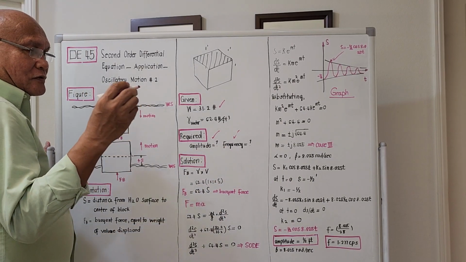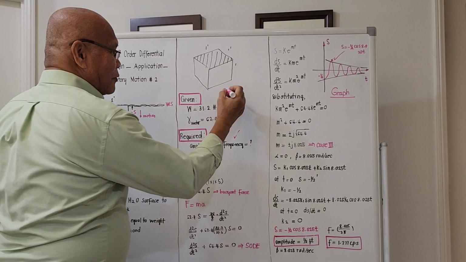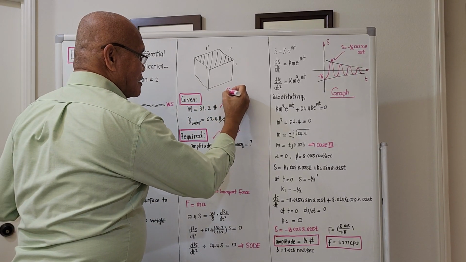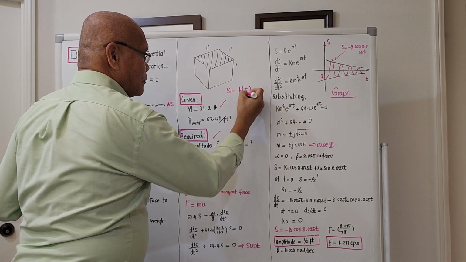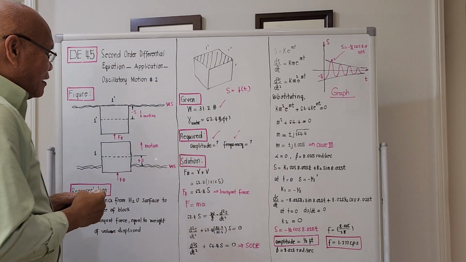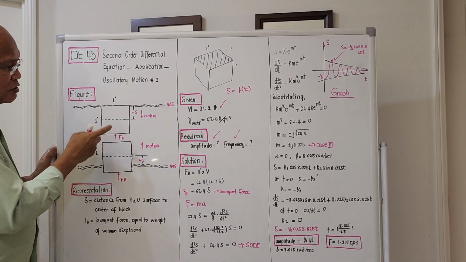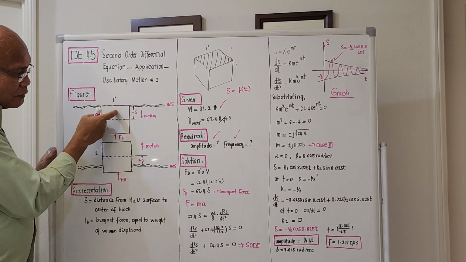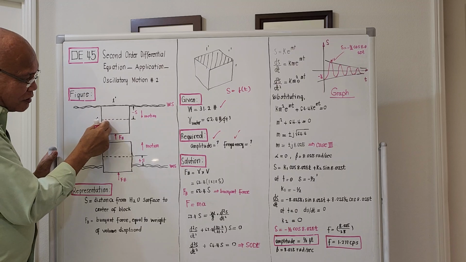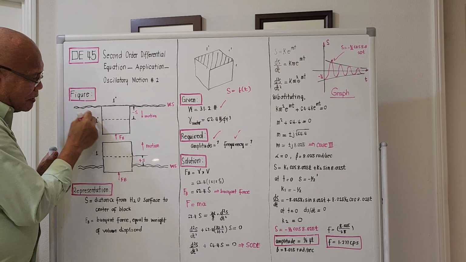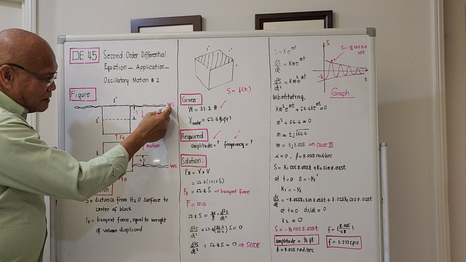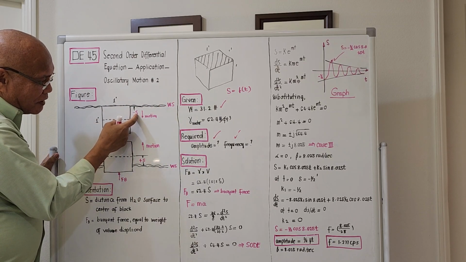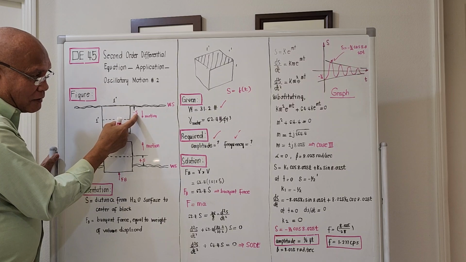To solve the problem, we must compute for S as a function of time. What is S? S is actually the submerged portion of the wood with respect to the center line, taking the water surface as the reference. So this S, at any moment in time, is variable.